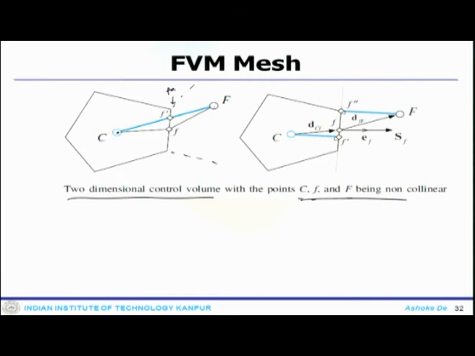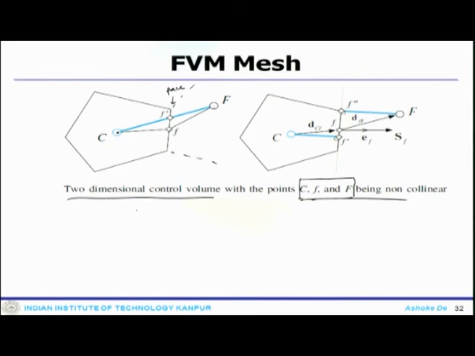This is my face point F prime, and the center of the face is small f. So these three points, capital C, capital F and small f, are not collinear. Once they are not collinear, it is very difficult to handle with linear interpolation, and you may find difficulties.